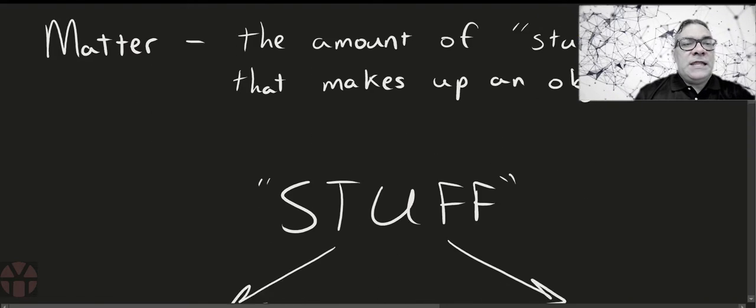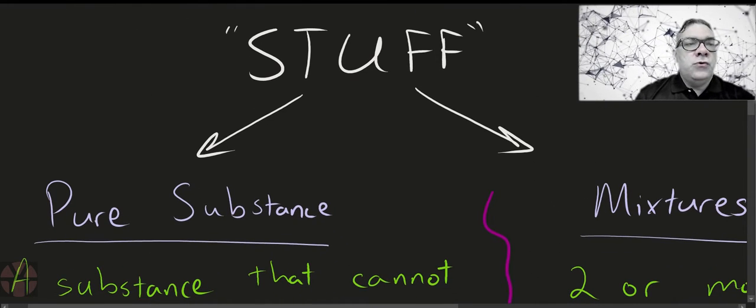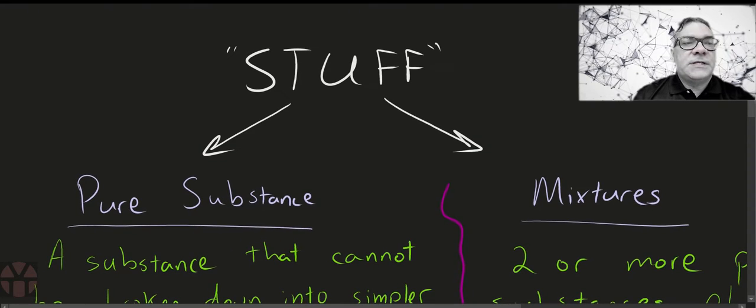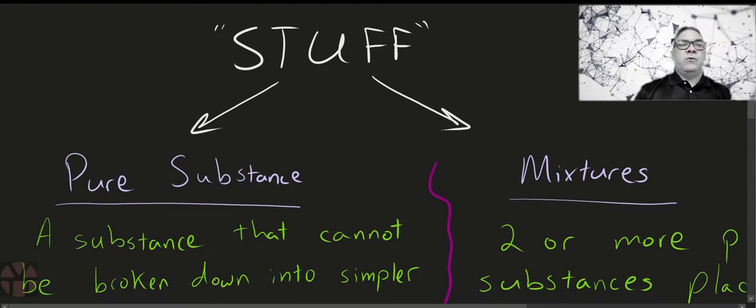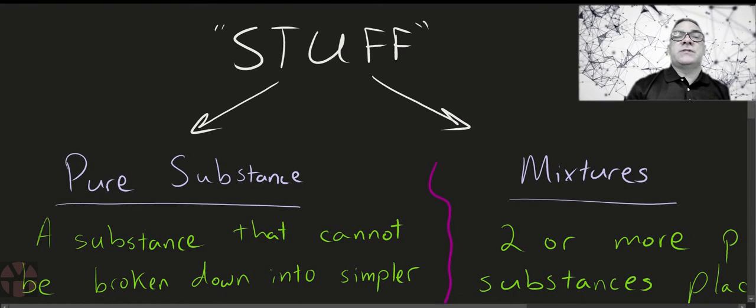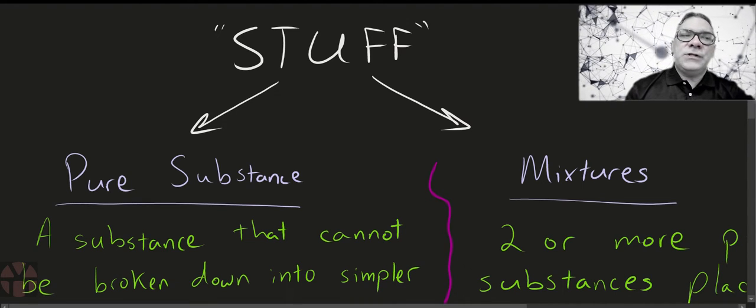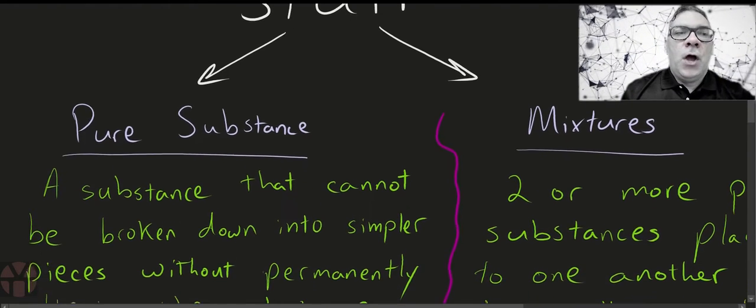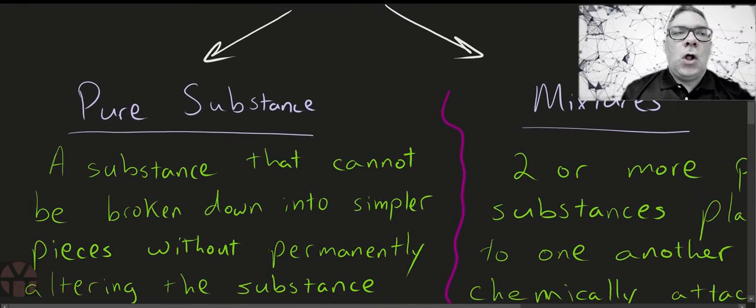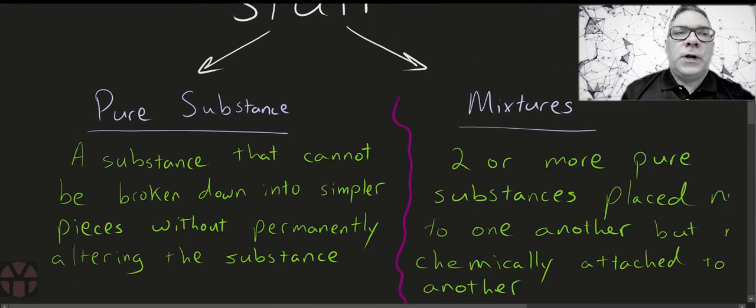But when I say things like stuff, what I usually am referring to is this idea that stuff can be broken down into two different things, pure substances and mixtures. And this is actually things that you've probably heard of, probably in middle school or elementary school.